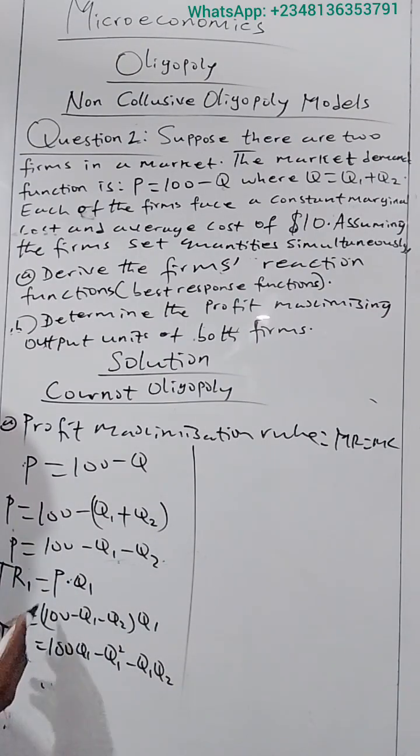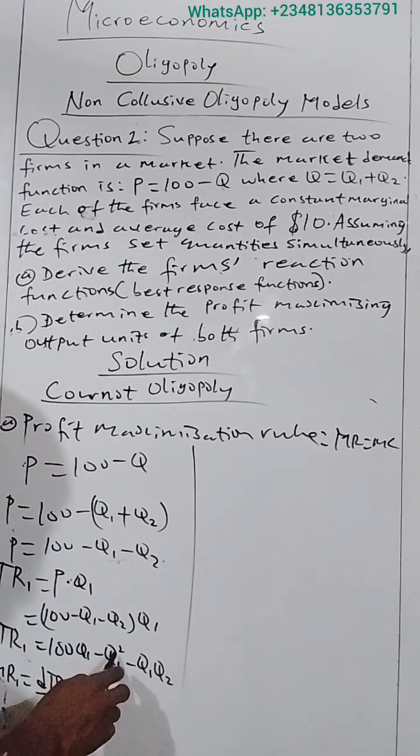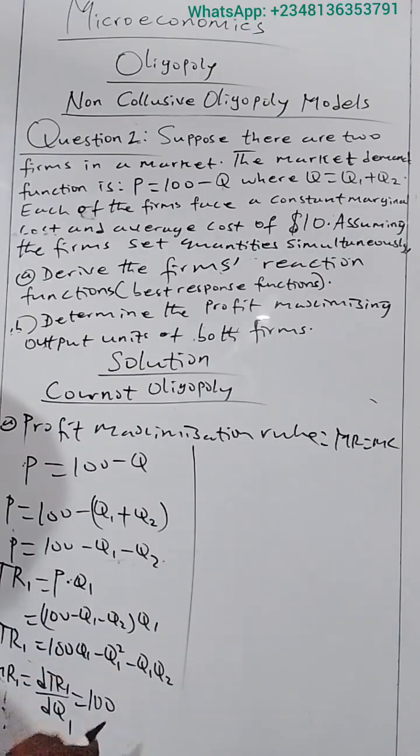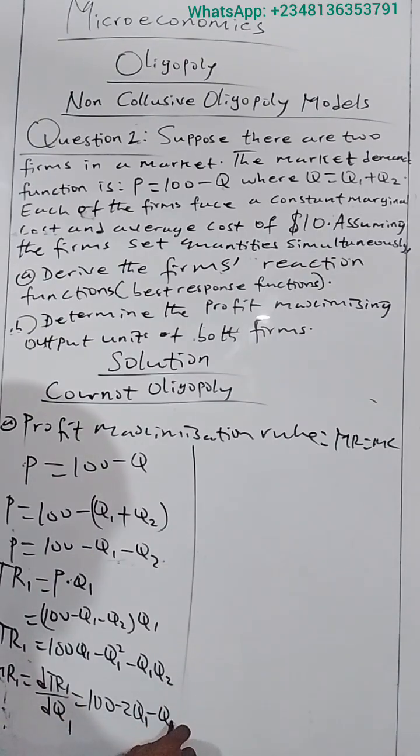Then I can derive marginal revenue from this total revenue function. In other words, MR1 is equal to the partial derivative of TR1 with respect to Q1. So I differentiate with respect to Q1: 100, then minus 2Q1, then differentiating Q1Q2 leaves minus Q2.